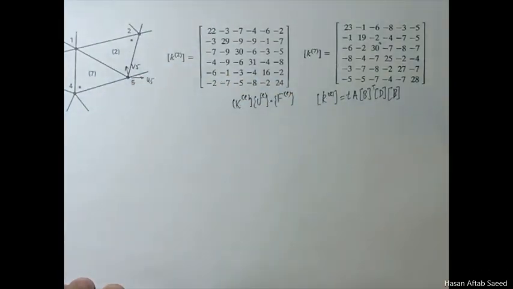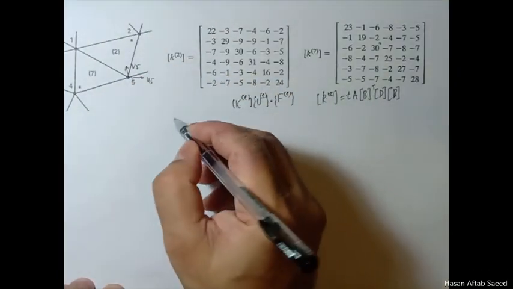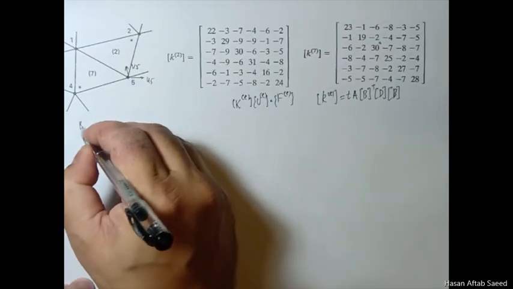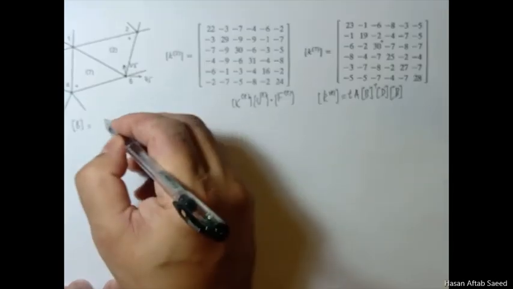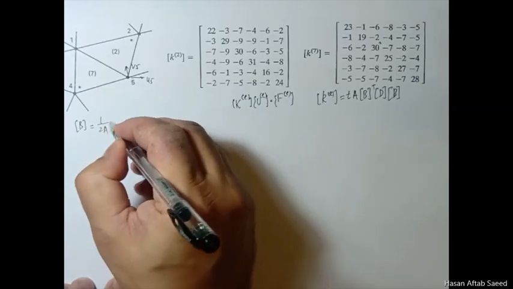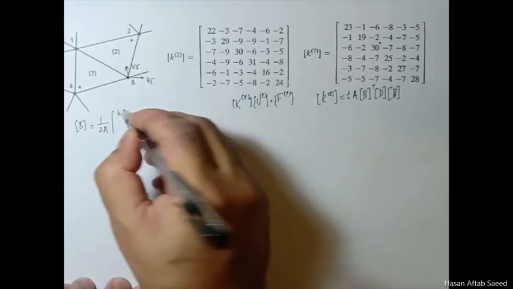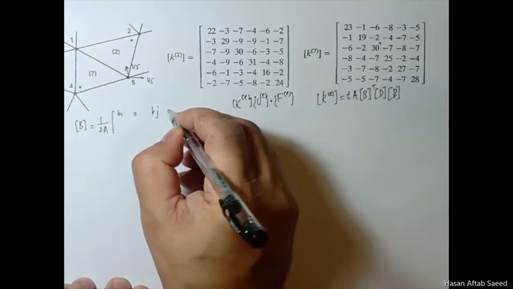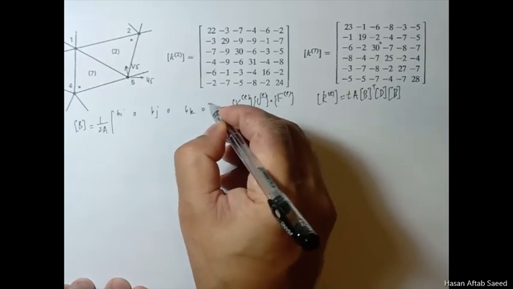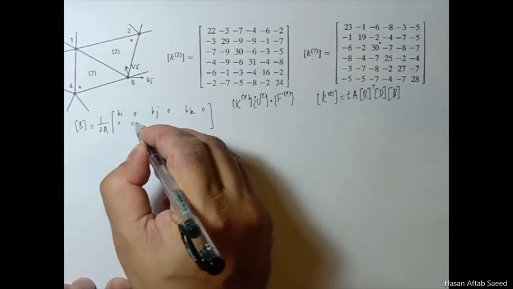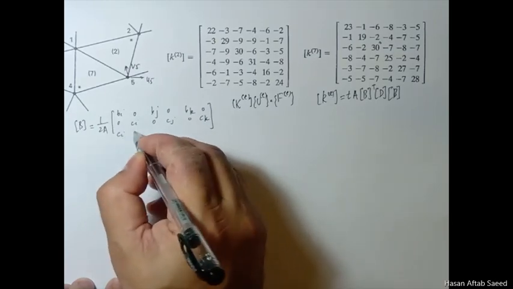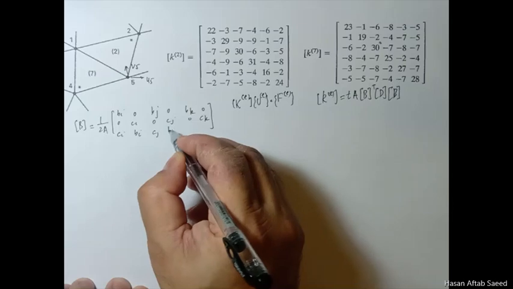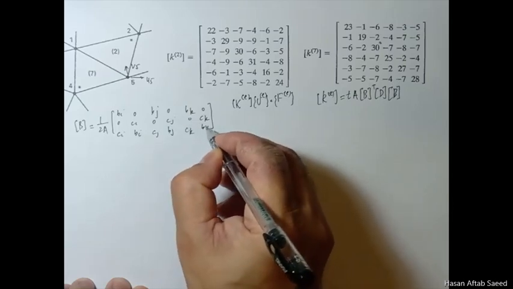What about B? Just as a reminder, the B matrix for a 2D simplex element is, if you recall, BI, 0, BJ, 0, BK, 0 in the first row; 0, CI, 0, CJ, 0, CK in the second; and CI, BI, CJ, BJ, CK, BK in the third.